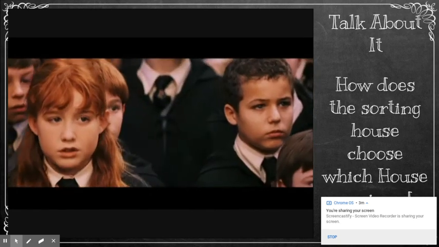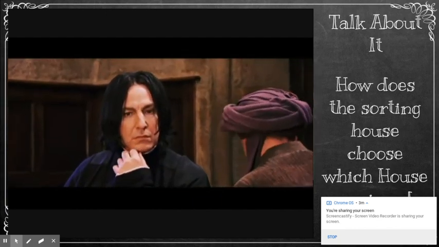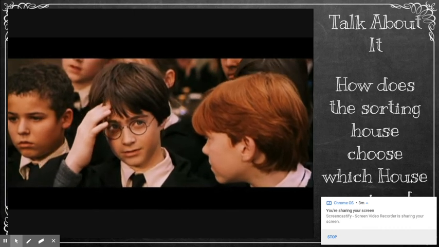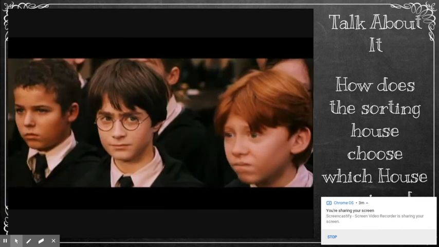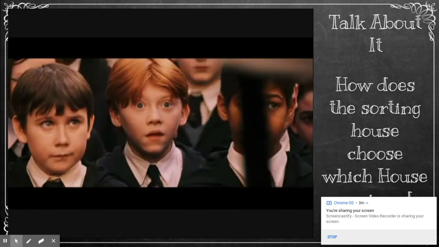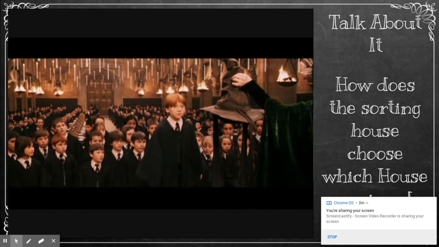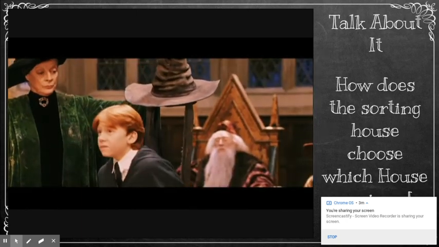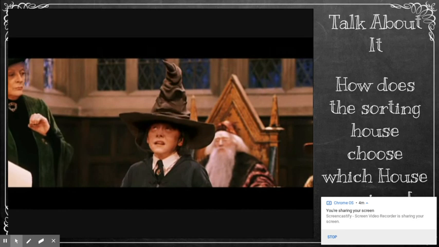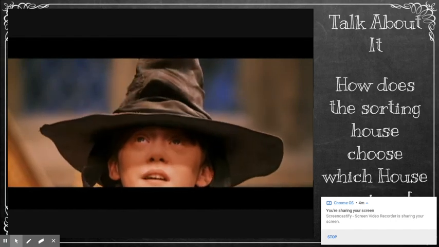Susan Bones. Harry, what is it? Where shall I go? Nothing, you're fine. I know. Hufflepuff! Ronald Weasley. Ha! Another Weasley. I know just what to do with you. Gryffindor!